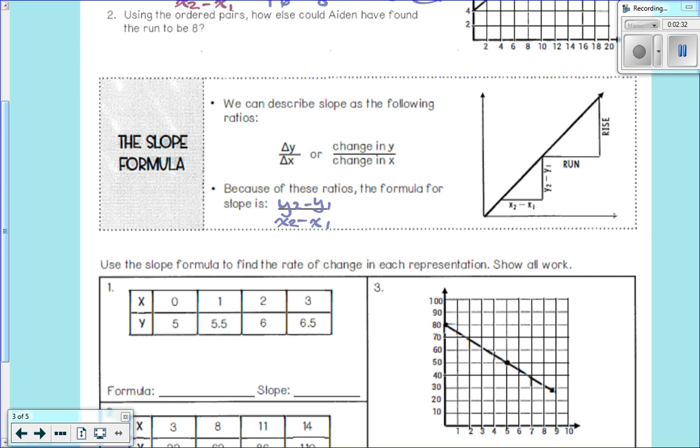Okay? And I like how they have this on the graph. So your change in y, which is your rise, your vertical change also. Any ways to say it? And then you're changing your x values, which is your run or your horizontal change.